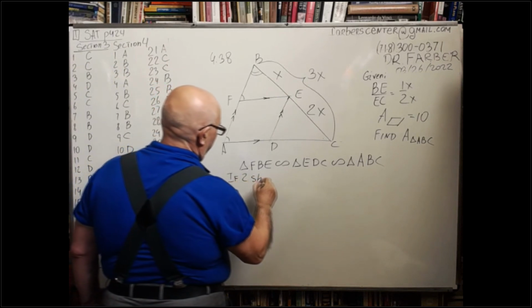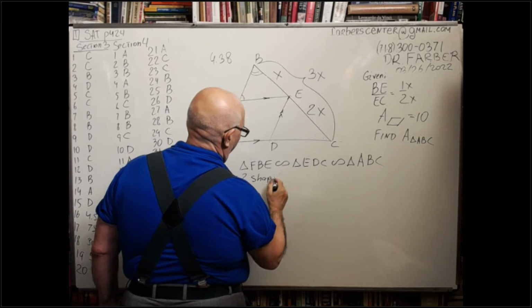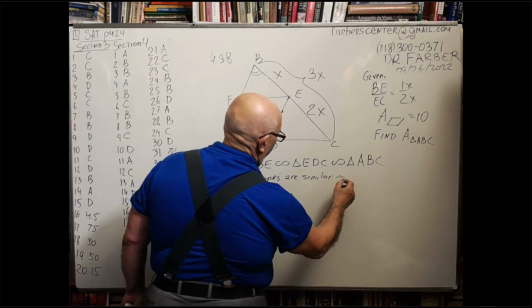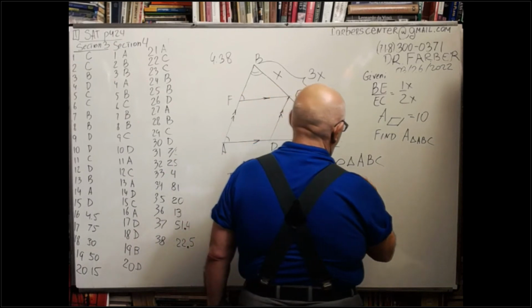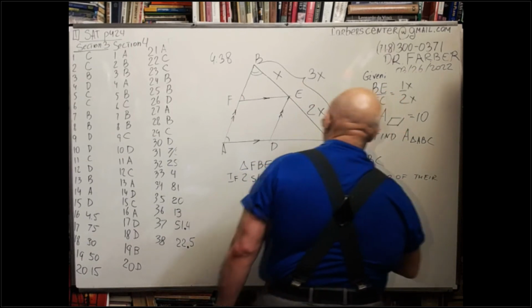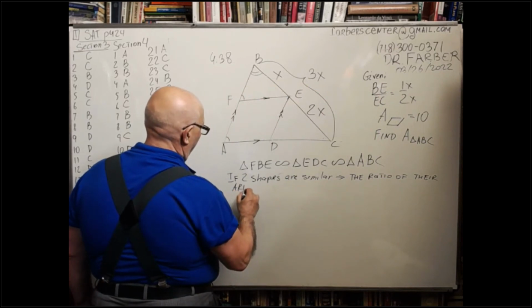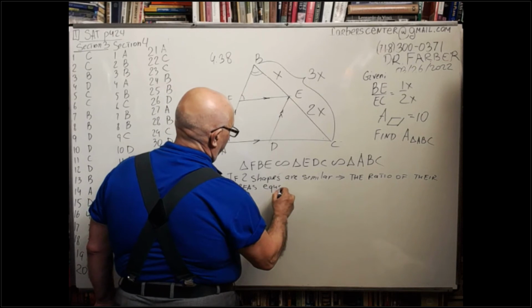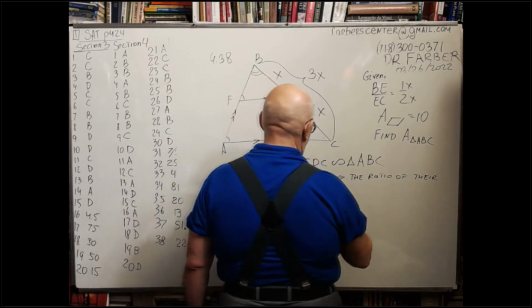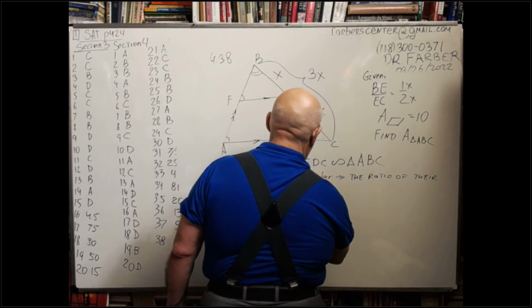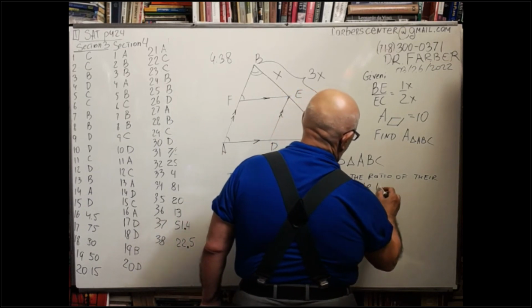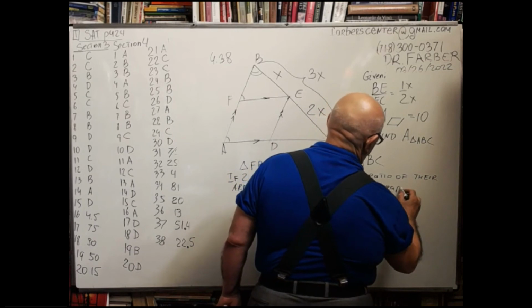If two shapes are similar, then the ratio of their areas equals the square of the linear ratio.